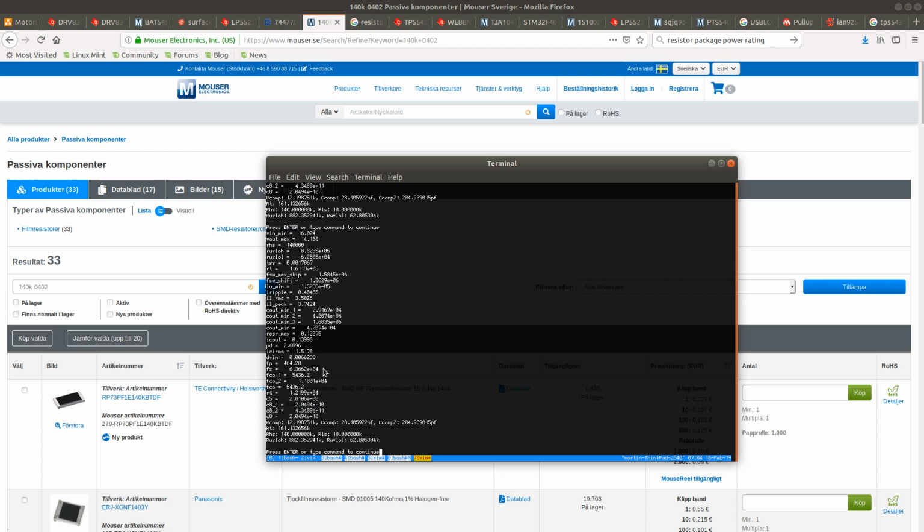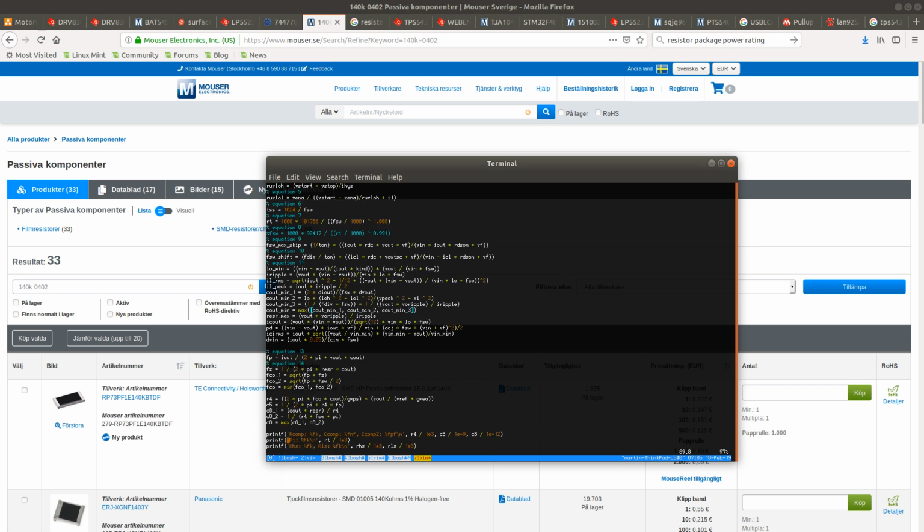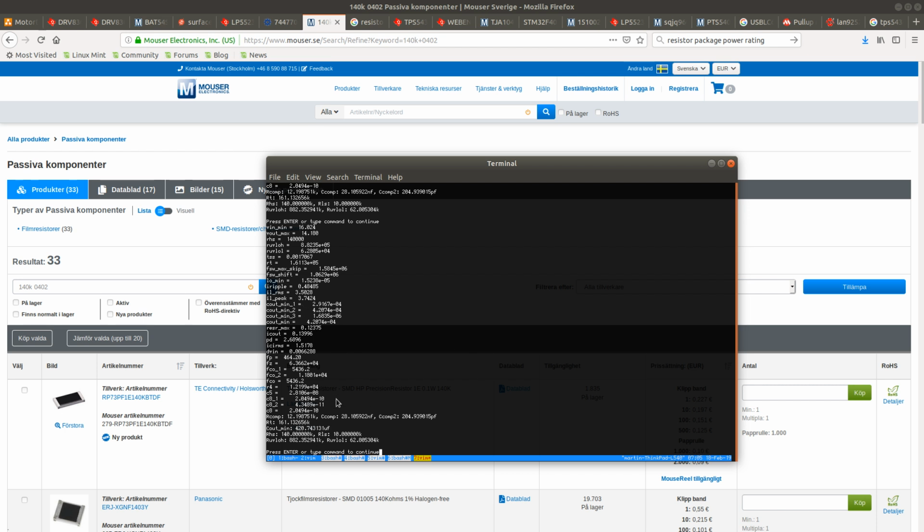I think that will be 42 microfarads. Did I get all the zeros right?